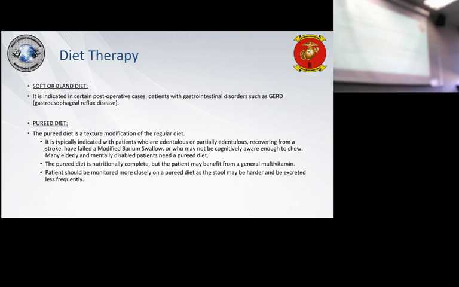Soft or bland diet, somebody suffering from GERD or having a gastrointestinal issue, we often tell them to do a bland diet. Pureed diet, never really seen that used, but there's the breakdown of that. It talks about people recovering from stroke who have failed a modified barium swallow, or have complications with chewing.